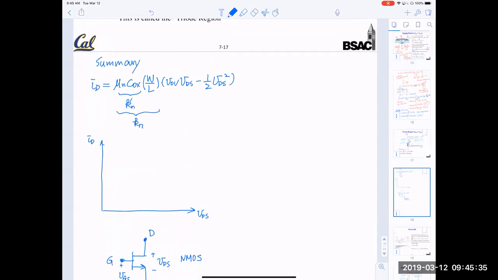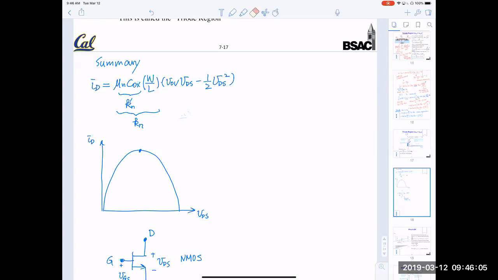So coming back to this equation that we spent a lot of time deriving, you will recognize that if we use VDS as an independent variable, this is a parabolic curve, okay? So you'll see it is roughly something like this. And there's a maximum happening. You can find the maximum relatively easily. So you take a derivative.